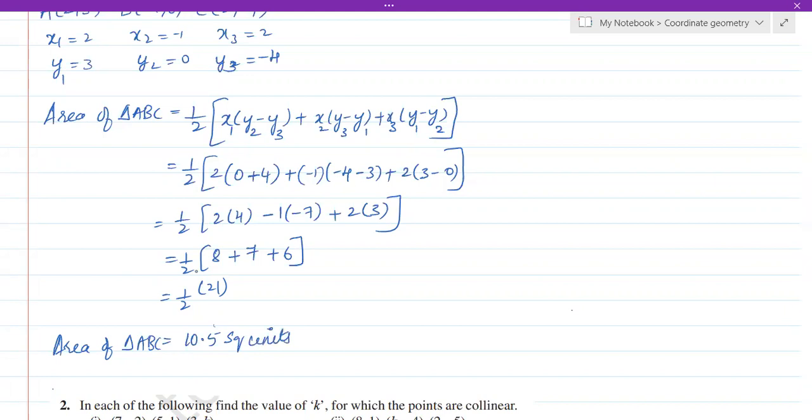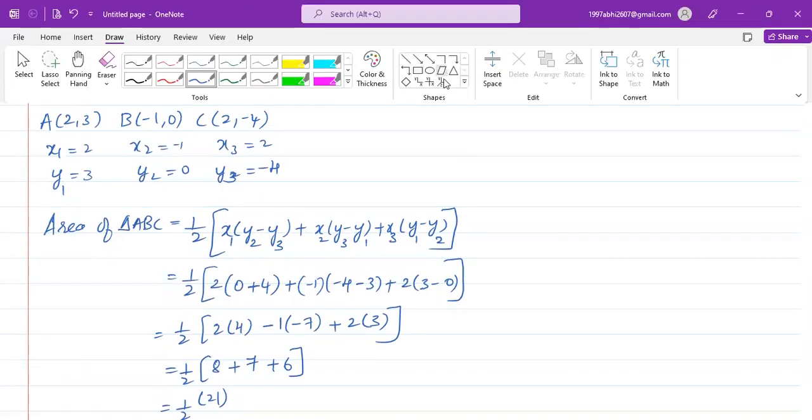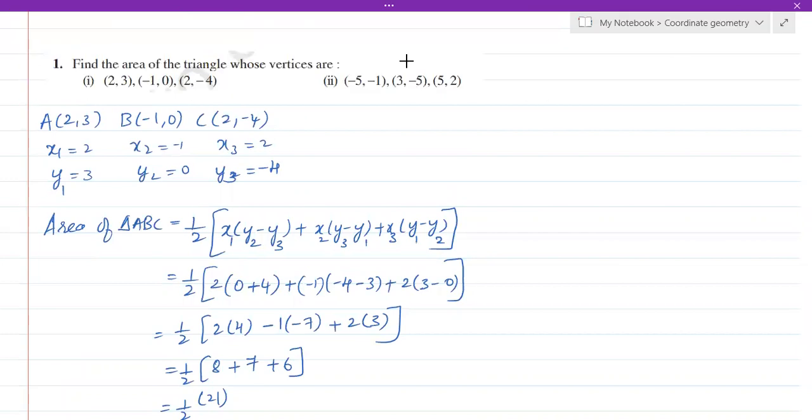Okay. Similarly, let's do the other sub question. So the other sub question, let me first draw a straight line. Okay.